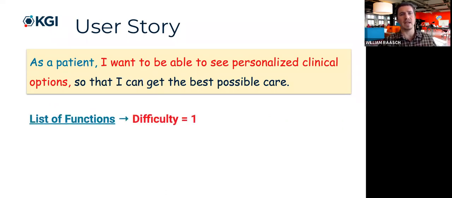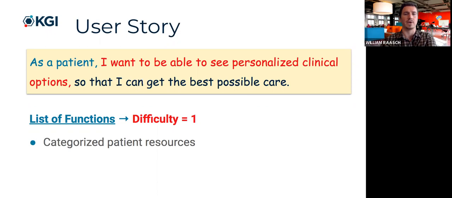So in any sprint analysis, you want to determine how easy it is going to be to fulfill that user story, and then how can I list out some of the features that might need to be implemented to help them do that? So here I'm saying the difficulty is 1, because all it is really is aggregating information that can help that patient find the resources that are right for them.